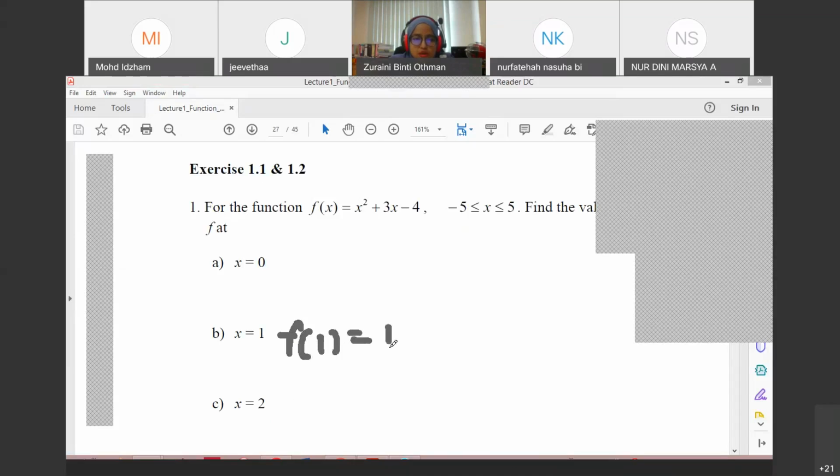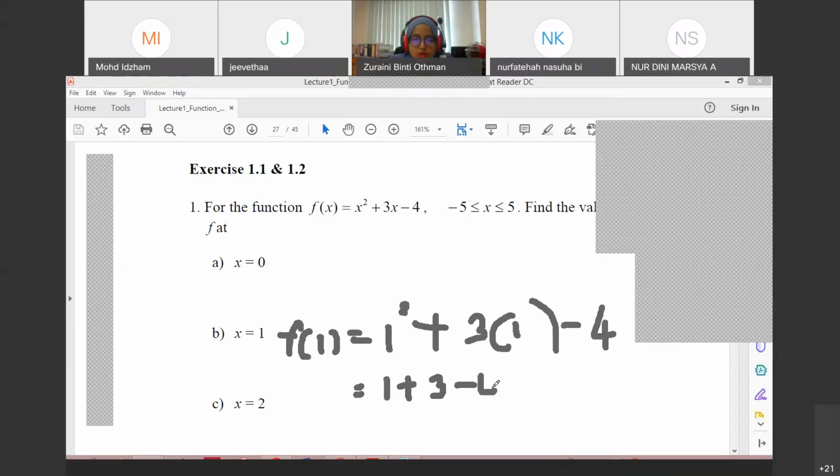So 1 square plus 3 times 1 minus 4. So you get 1 plus 3 minus 4, 4 minus 4 lah kan? So the answer is 0.